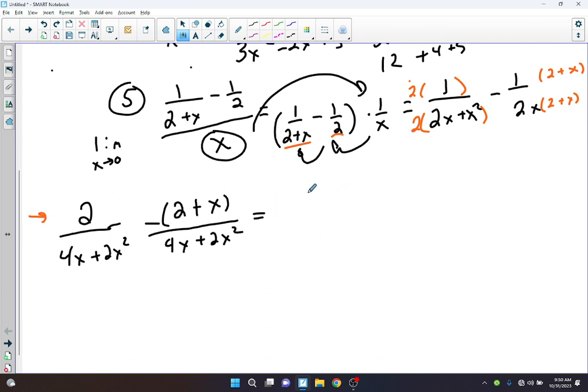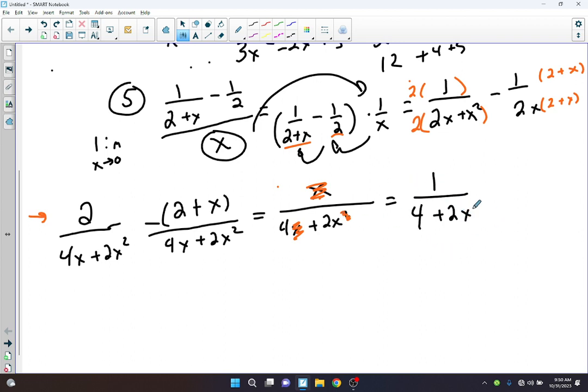So then I just have an x on top. 4x plus 2x squared. Well, look at that. Everything has an x. So now let me cross out an x everywhere. This loses an x, this loses an x, this loses an x. So now I just have 1 over 4 plus 2x.